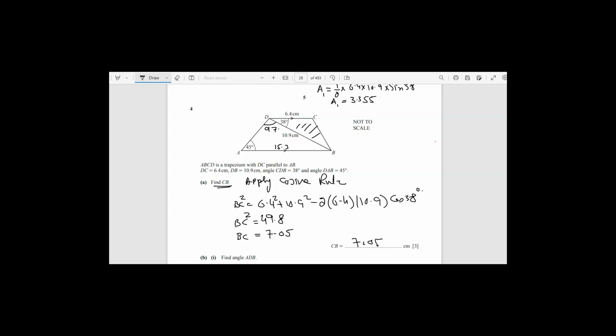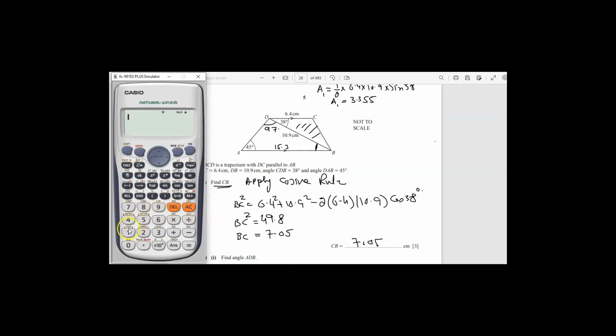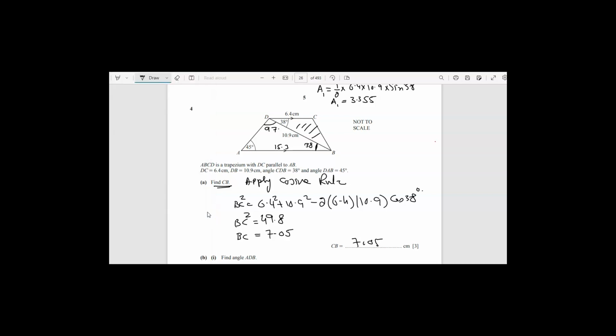We need the angle in between these two sides, the included angle, but we don't know this angle, so we subtract the sum of these two angles from 180 to get it. 97 plus 45, so the angle is 38. So I will write 38.